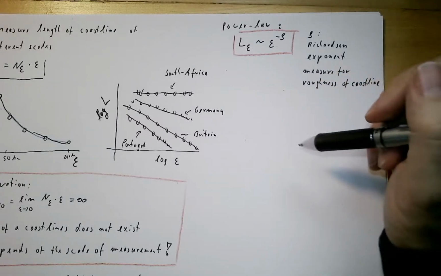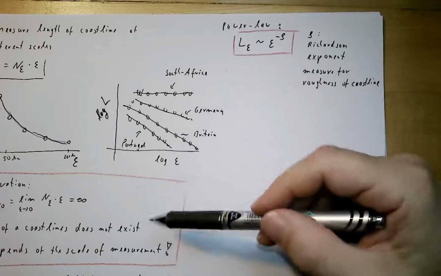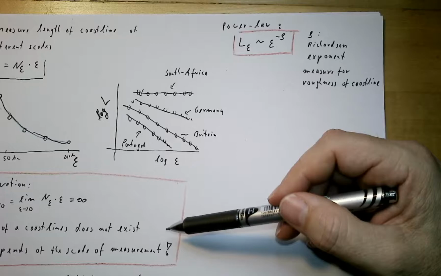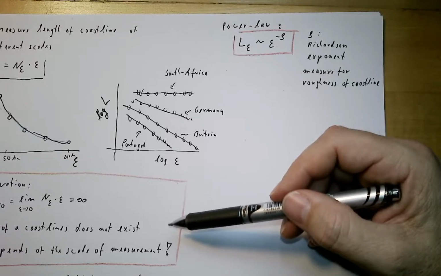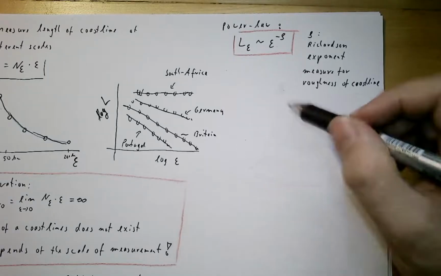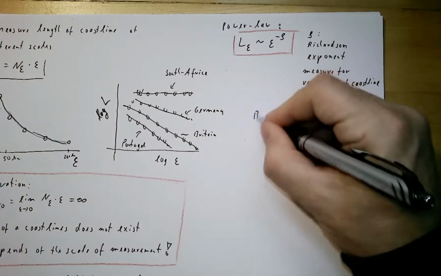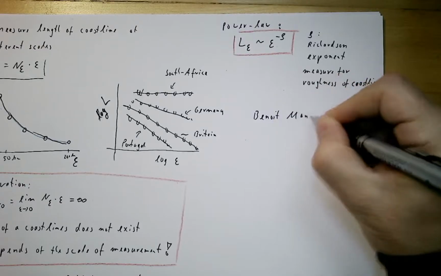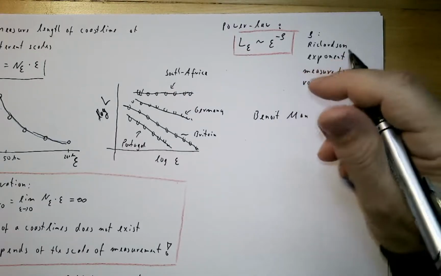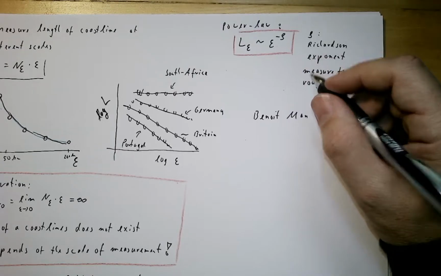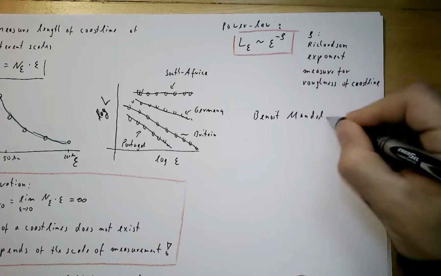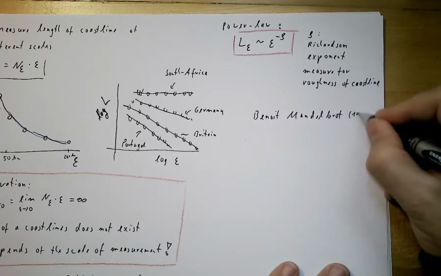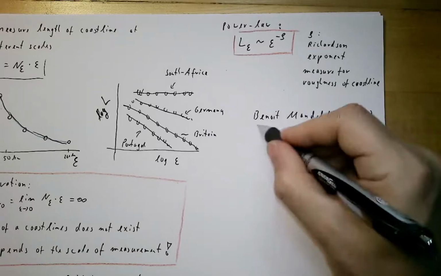And at this time, these findings of Richardson were too advanced for his time, and so they were more or less forgotten. Then it took later the genius of Benoit Mandelbrot, and this was then in 1967.